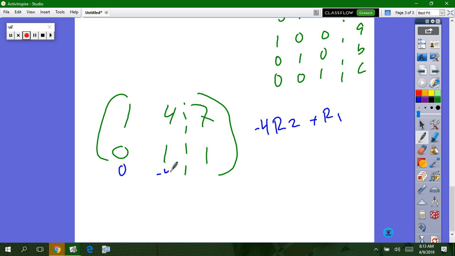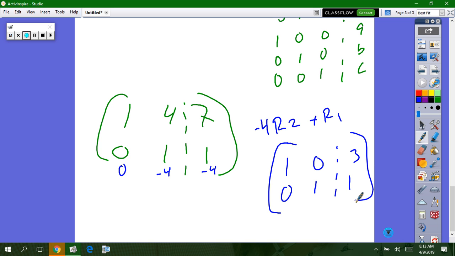Then this guy's -4, -4. So, 1 plus 0 is 1. 4 minus 4 is 0. 7 minus 4 is 3. And then I just notice, where's that first column representing again?